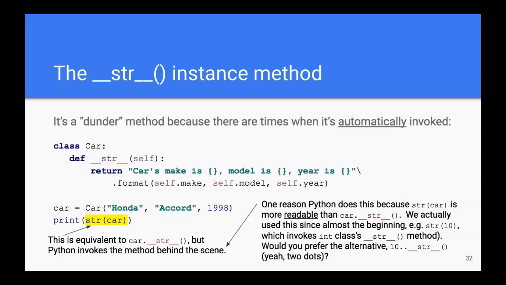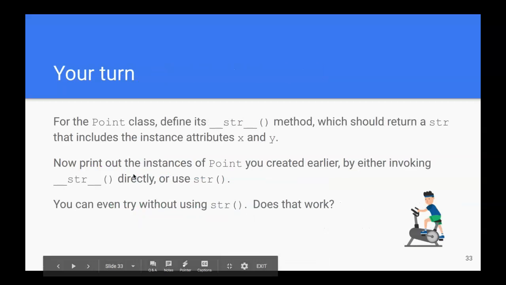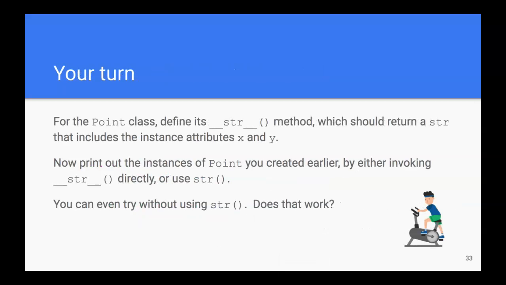Your turn again. So for the point class that you just wrote, define its dunder string method. It should return a string that includes both the instance attributes x and y.